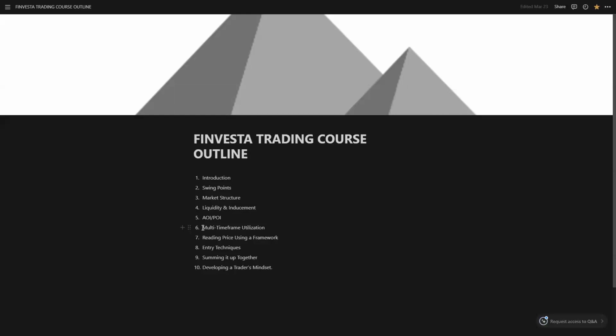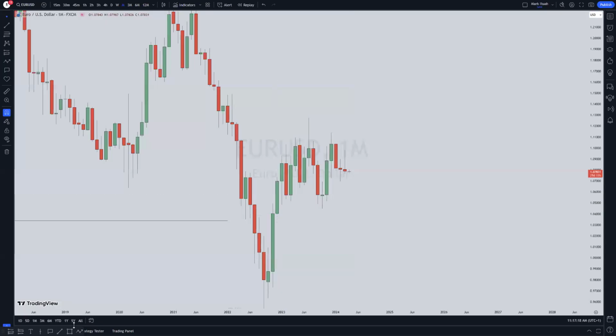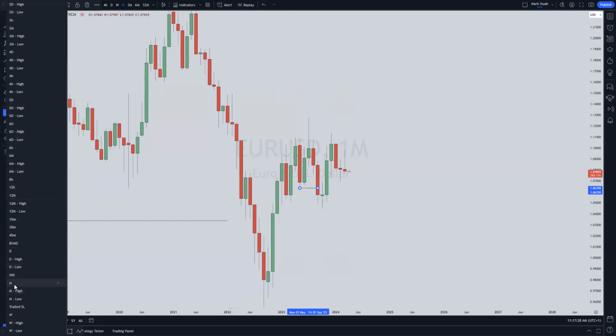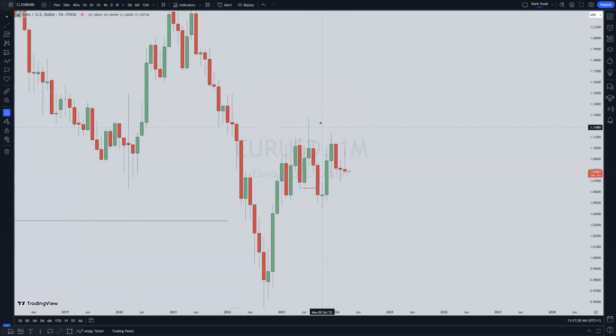So we're going to talk about that in multi-time frame utilization. So hopefully we're able to get it fast enough. So here I said we've had the monthly charts switched to being bullish. So we're going to consider this a break of a monthly low, and then this becomes the monthly high.